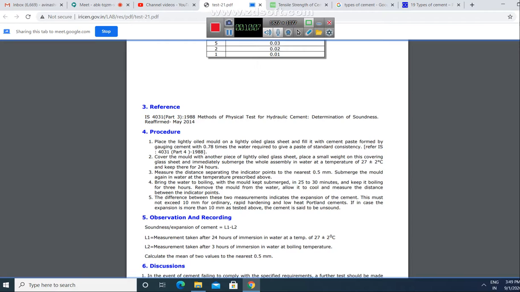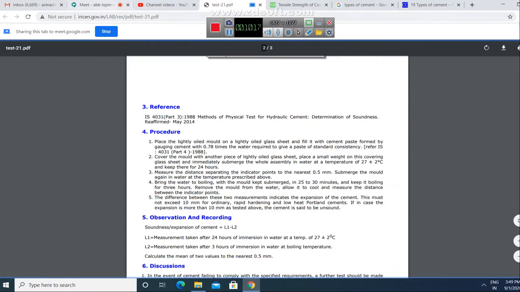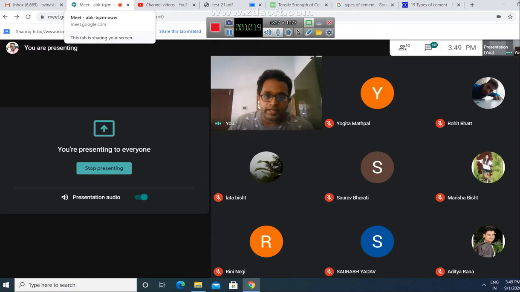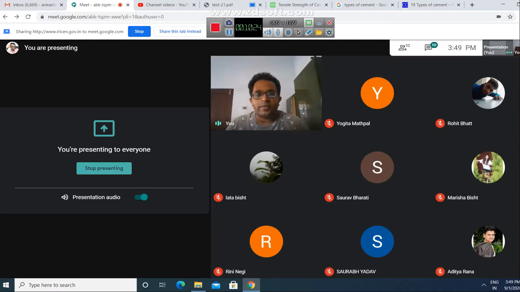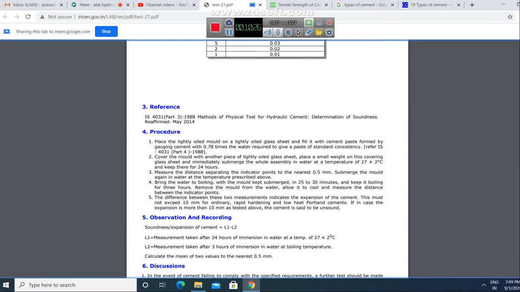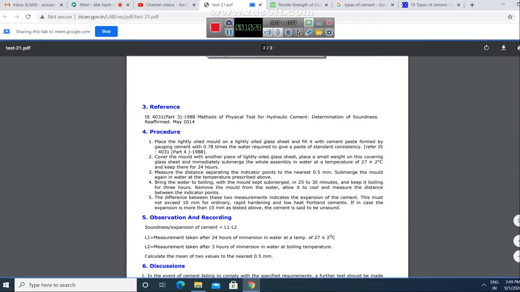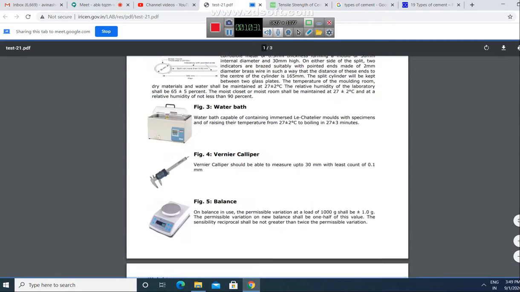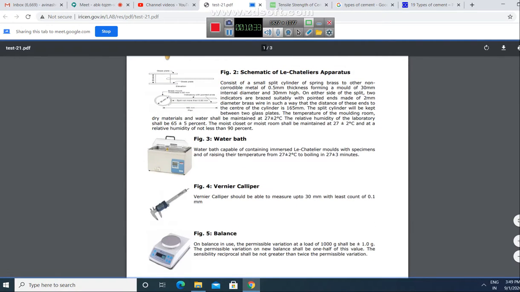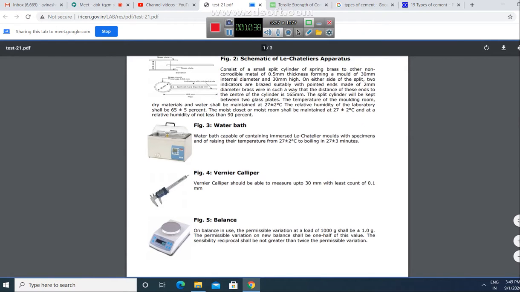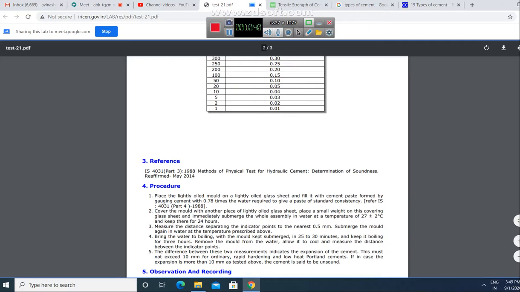Once the cement paste is made and sandwiched between two oiled glass plates, it is immediately submerged in water maintained at 27 plus or minus 2 degrees centigrade, and the entire assembly is kept submerged for 24 hours. Now, there are two indicator points.